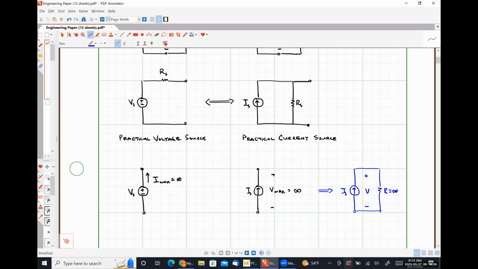We've got a similar thing over here, right? So if I connected this guy to a short circuit with a resistance of R is equal to 0, we would see that infinite current would have to flow in order for the circuit to quote unquote work.